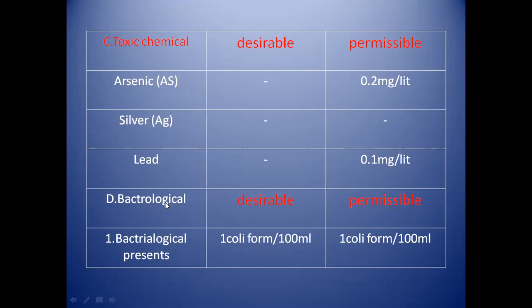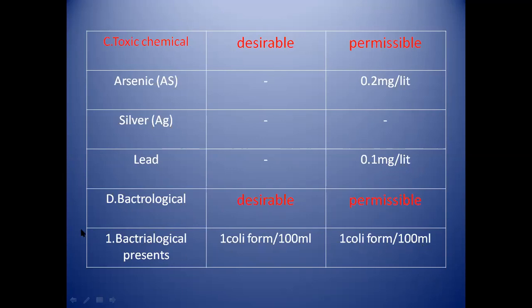Then the next characteristic is bacteriological characteristics. For bacteria present in water, as per Indian standard, the desirable value is 1 coliform per 100 ml and permissible is also 1 coliform per 100 ml.